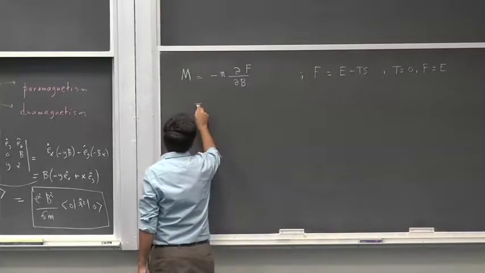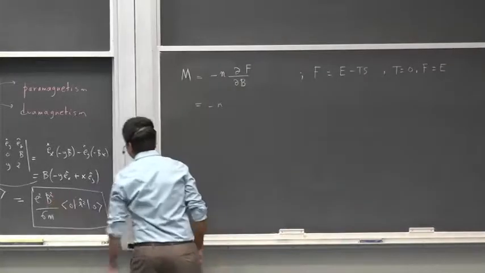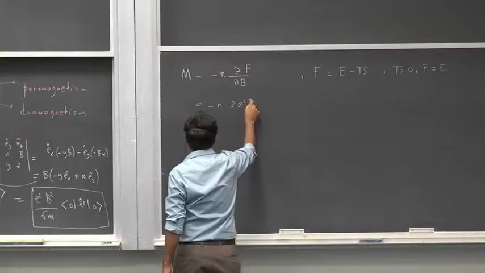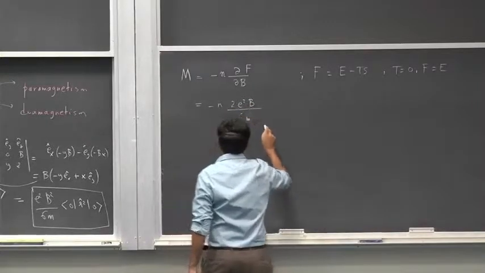So the magnetization turns out to be minus N. I take the derivative of this with respect to B, get 2e square B over 6m.